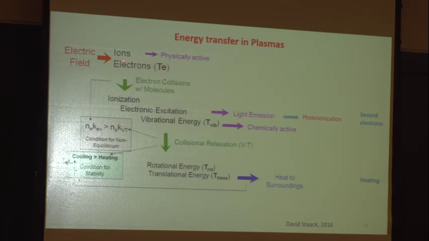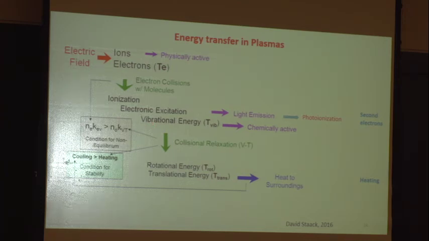This ion and electron will be accelerated in an electric field and gain energy. That energy will collide with a second molecule and create new ions and new electrons, and maybe cause a vibrational excitation of the molecule as well.